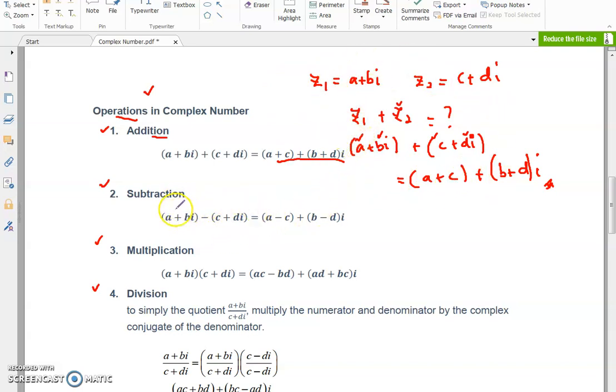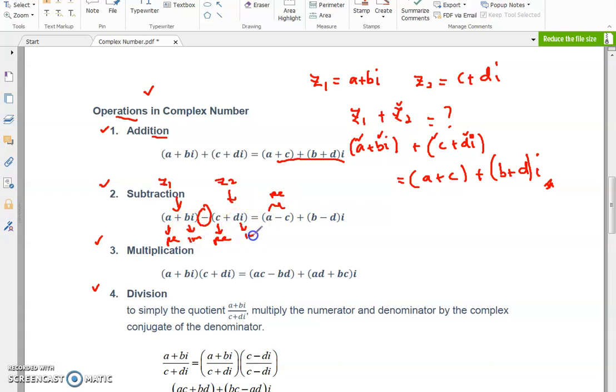If you try to do a subtraction in general, it is basically the same thing. This is your z1, this is your z2. So if you want to do subtraction, the operation here will be a minus there. So you just need to minus the real part with the real part. So you get here the real part, and here this is your imaginary part.